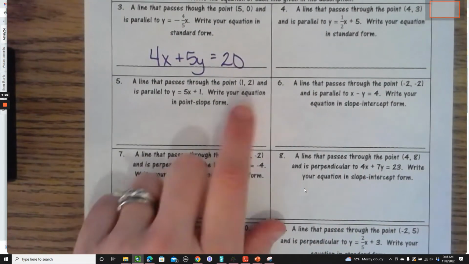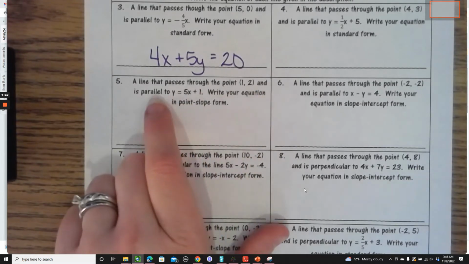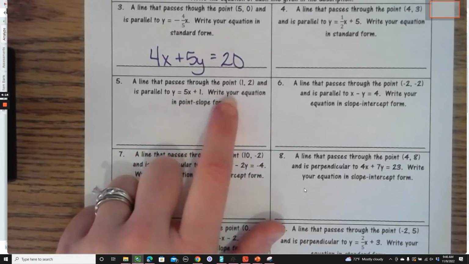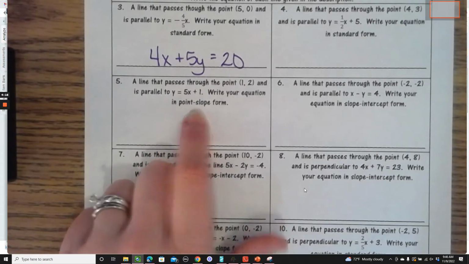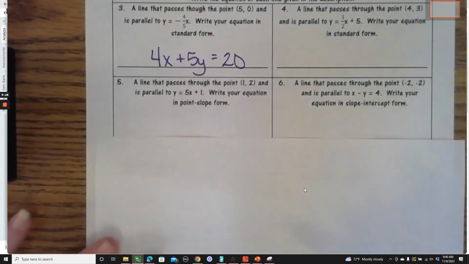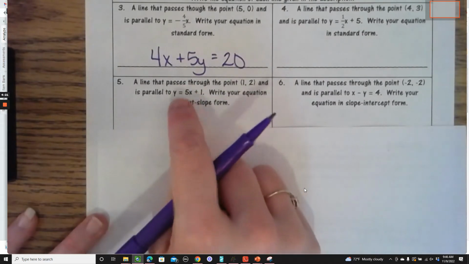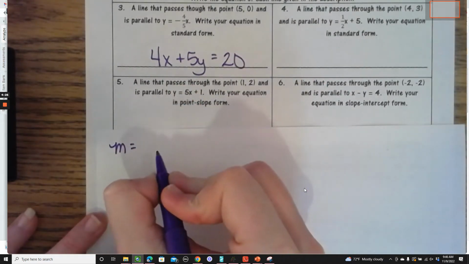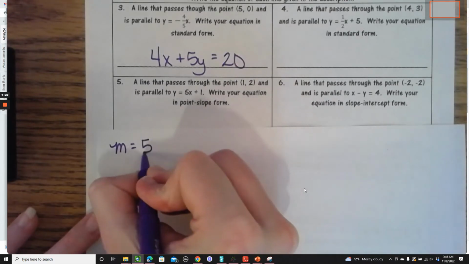All right, a line that passes through the point 1, 2 and is parallel to y equals 5x plus 1. Write your equation in point slope form. If it's parallel, it's going to be parallel to this. What's the slope of my new line? 5.